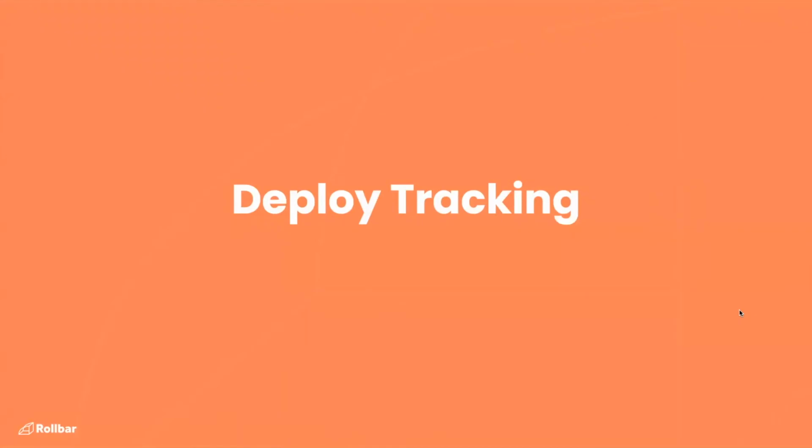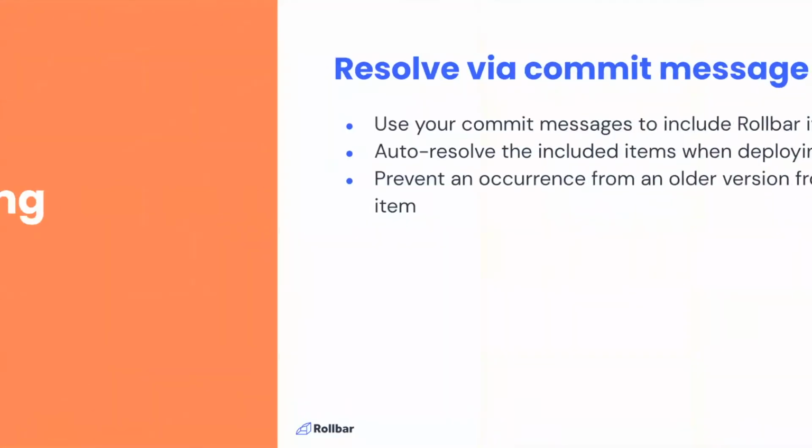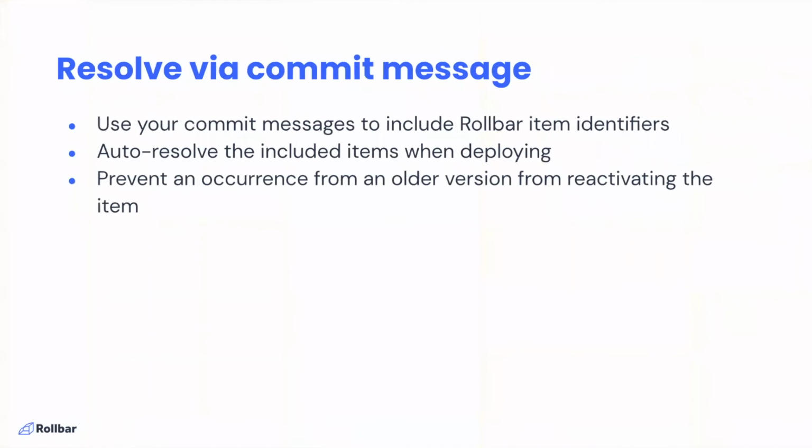All right, so deploy tracking, this is specific to the deploys that you're making elsewhere. And really the main thing that's happening here is that you're choosing to notify Rollbar of those things. So resolving with a commit message, I think this was first brought up with the item workflow video in the Rollbar Academy series, where as we're talking about what to do with these items as you work through them, investigate them, and then ultimately fix them, this is a way to streamline that.